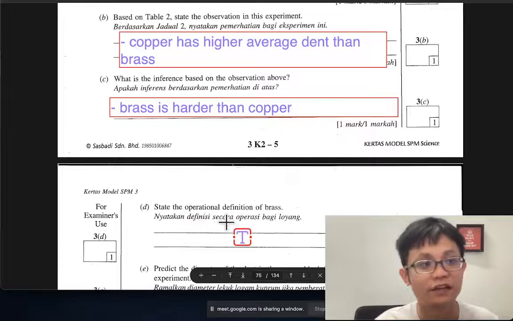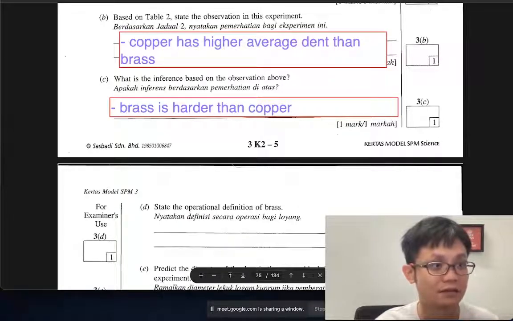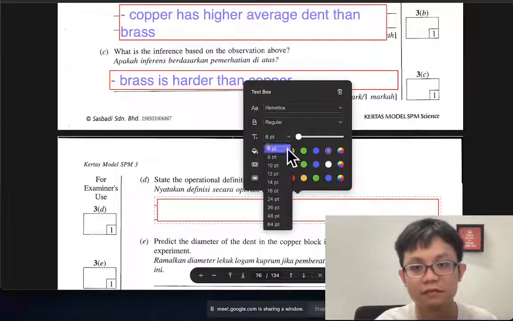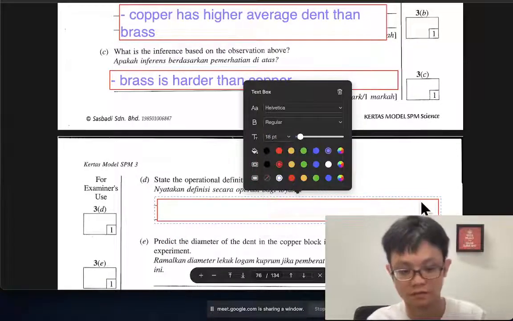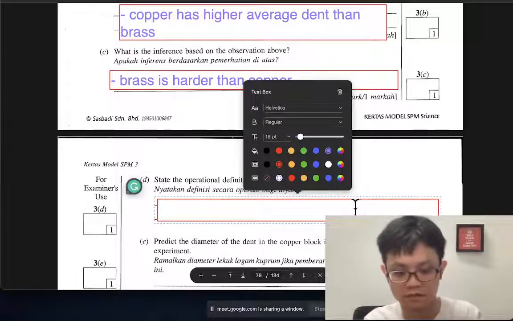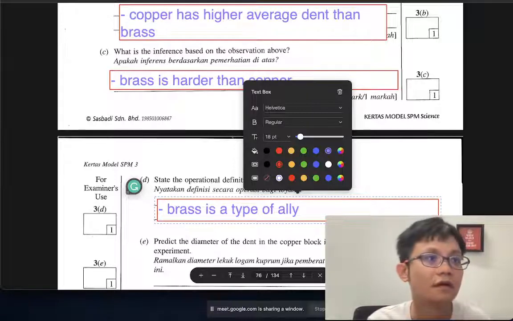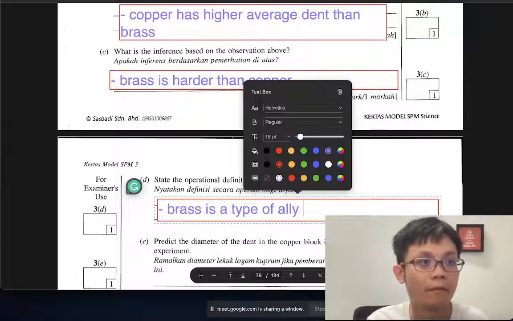State the operational definition of brass. Brass is a type of alloy. Very good. That is formed.